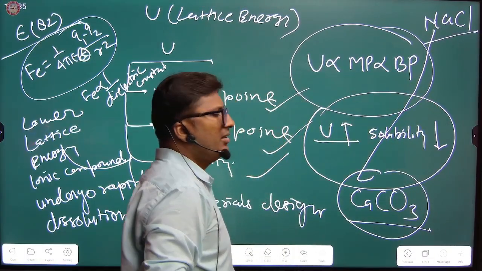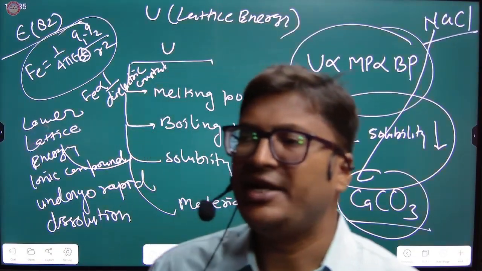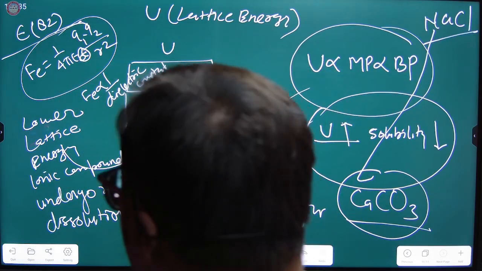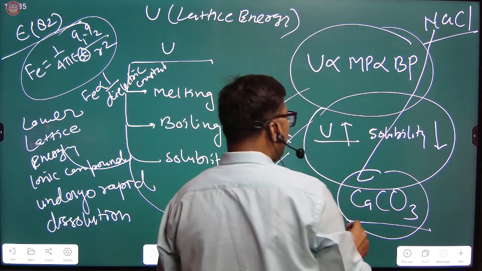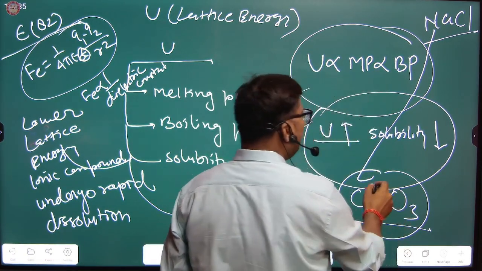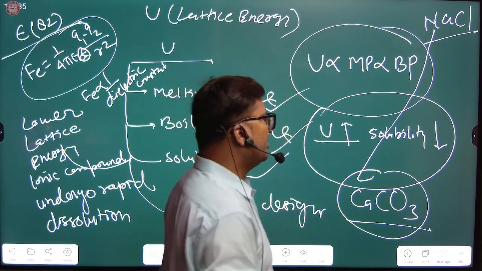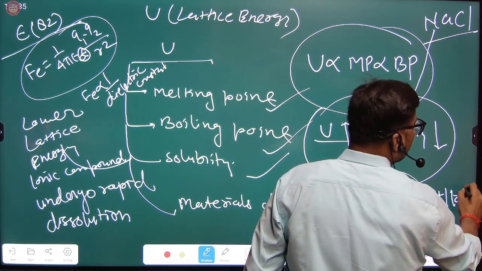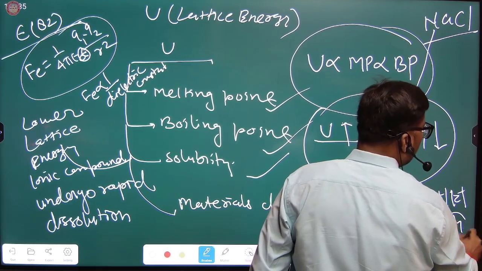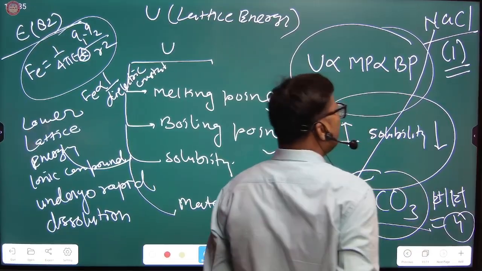NaCl is easily dissolved in water because of low lattice energy, while calcium carbonate does not dissolve in water because of its 4 times higher lattice energy. Here the charges Z plus and Z minus give a product of 4, whereas in the case of NaCl the product is 1, right?